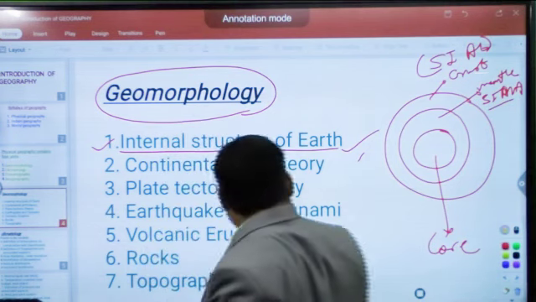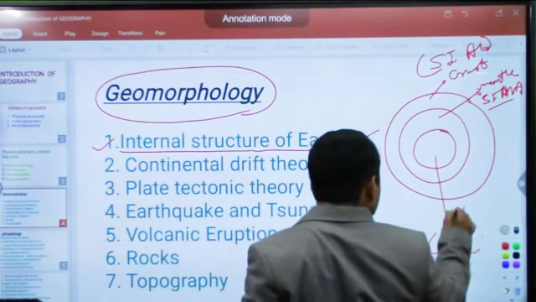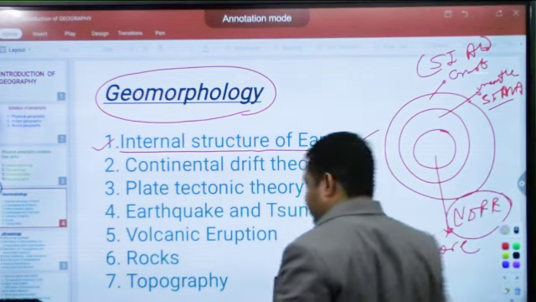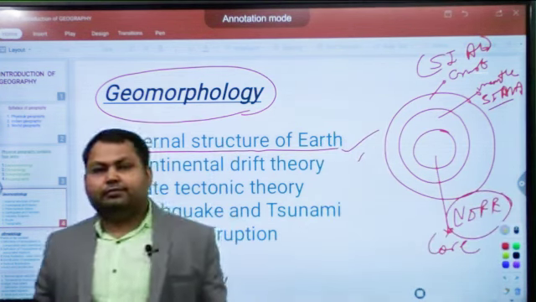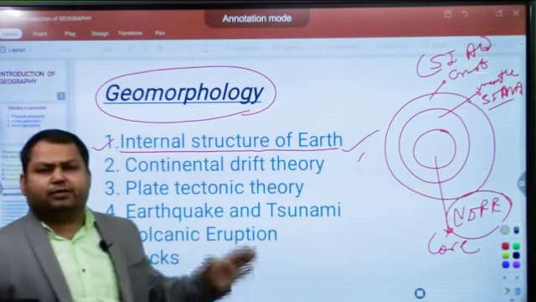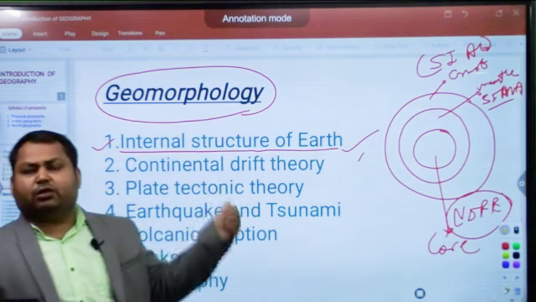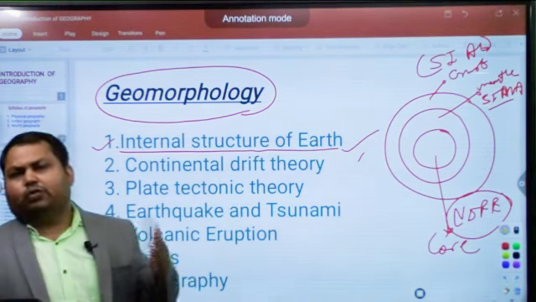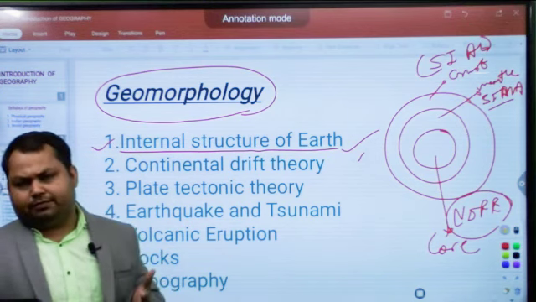And the third layer is considered as Nife, because in this layer there is richness of nickel and ferrous. So all these parts must be studied within the internal structure of Earth. This topic will take around 3 to 4 hours to be understood properly by the students.